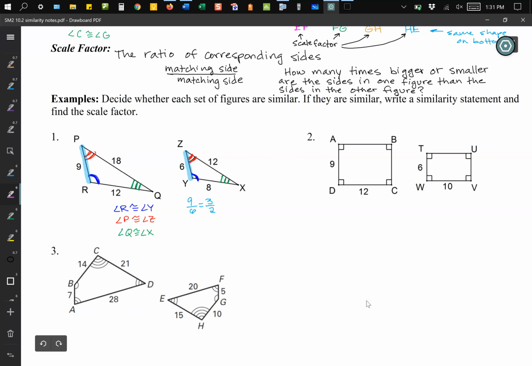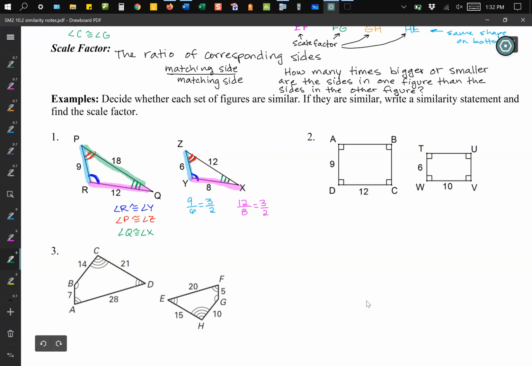Let's look at the middle side over the middle side. So 12 over 8. 12 divided by 4 is 3. 8 divided by 4 is 2. Okay, 3 halves, 3 halves. So far, so good.